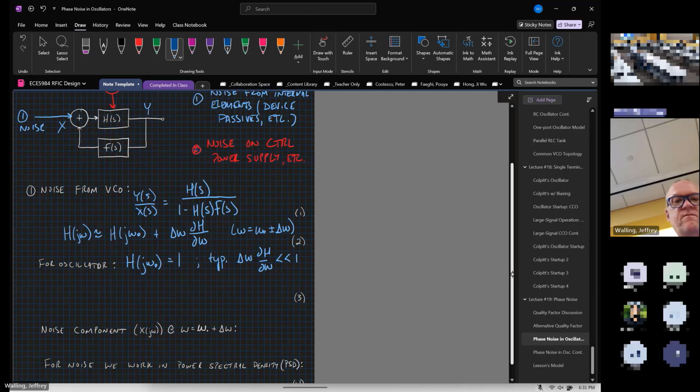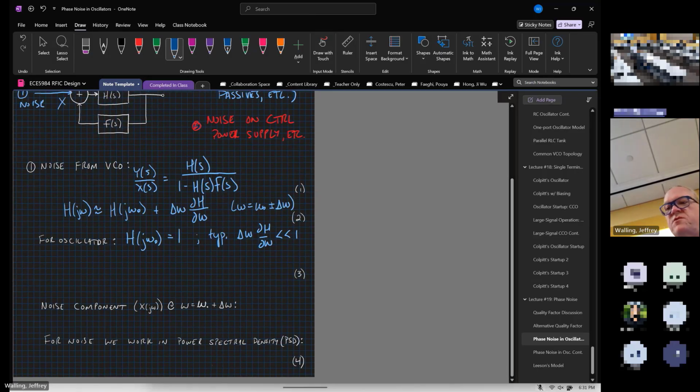And if we go back and make a substitution into our transfer function, we can say then that y over x of omega naught plus delta omega is approximately equal to minus 1 over delta omega times dh by d omega times f of s.